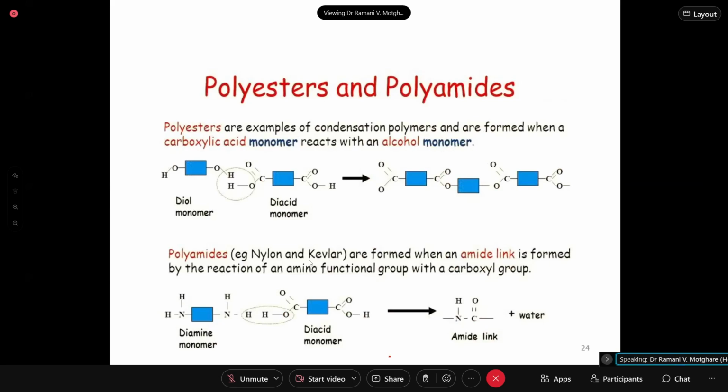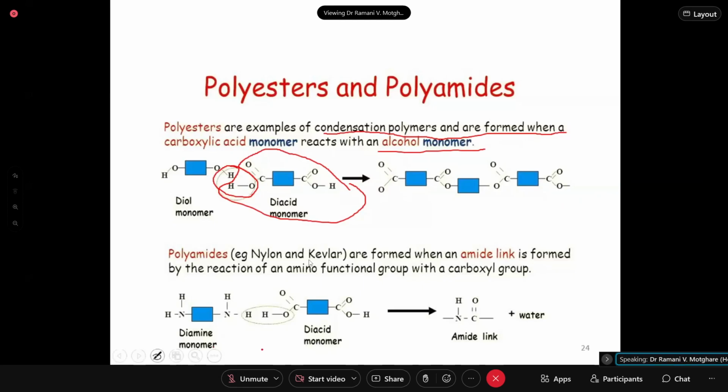Then polyester and polyamides. Polyester and polyamides are examples of condensation polymers and are formed when a carboxylic acid monomer reacts with an alcohol monomer. So when you have a carboxylic acid monomer reacting with an alcohol monomer, you get removal of H2O from the moiety, and polyesters are formed.